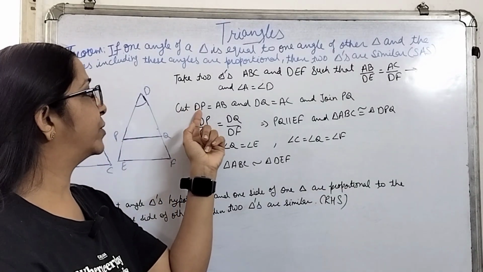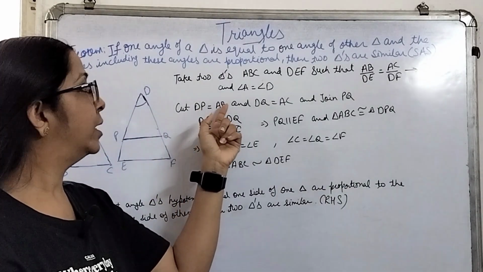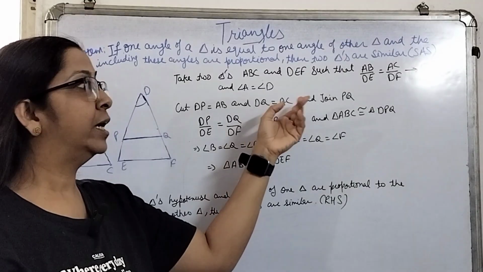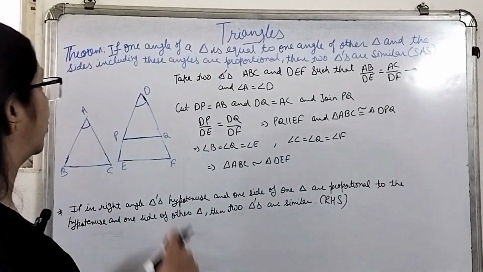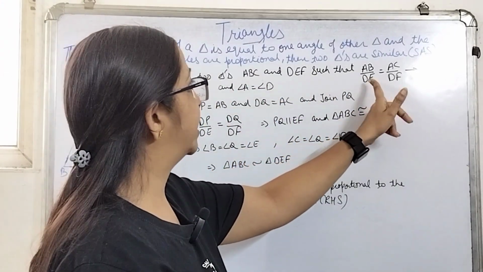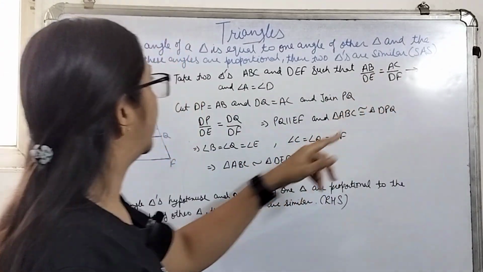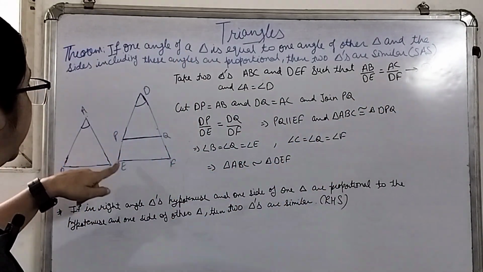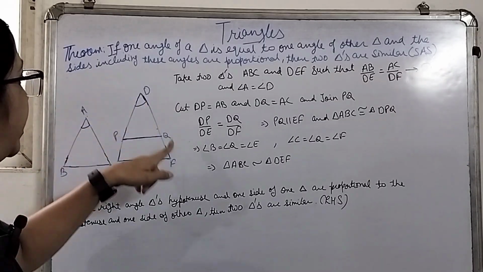Now see over here, it was given to us that AB over DE is equivalent to AC over DF.